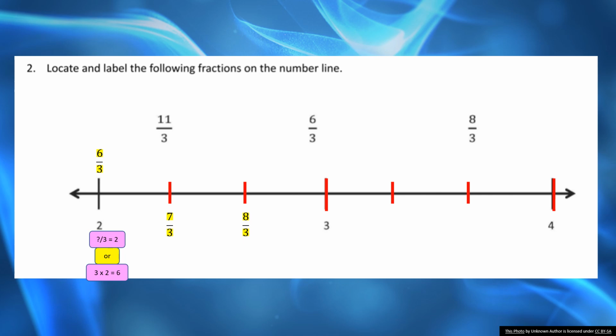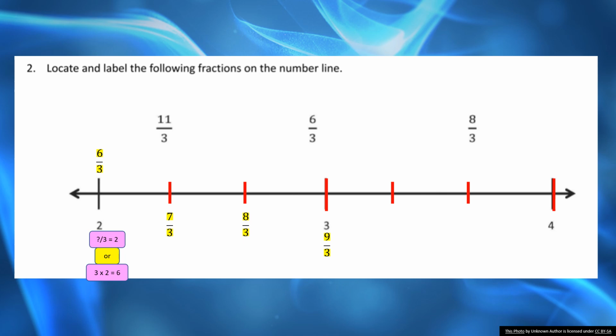Now, you see that whole number? That whole number can be represented as a fraction. So my next number on my number line is 9 thirds. And I'm going to write 9 thirds right below my whole number of 3, because 9 thirds is the same thing as 3. I know that because 9 divided by 3 is 3.